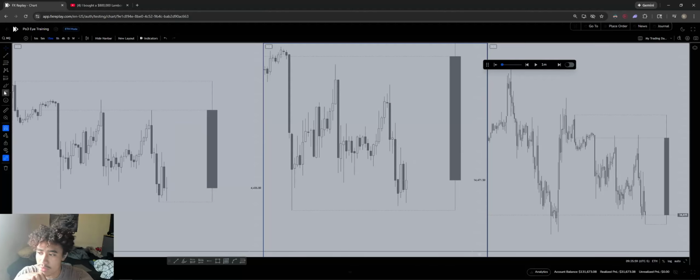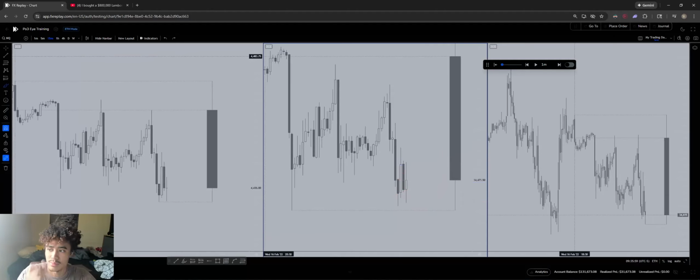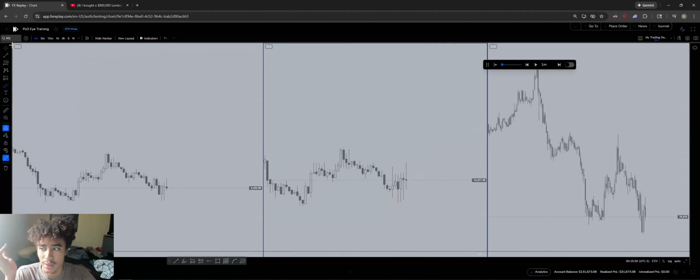If price continues higher, could look for short. If it continues lower, I'm going to see this accumulation we have right here become another AMD back to the upside. That's what I'm thinking right now. It could be completely wrong.